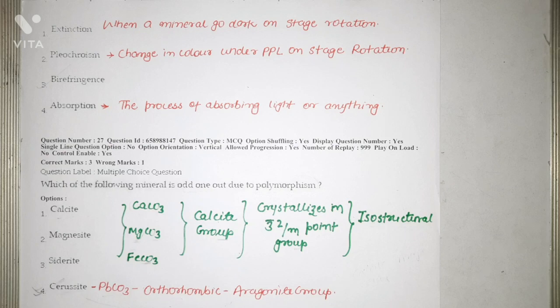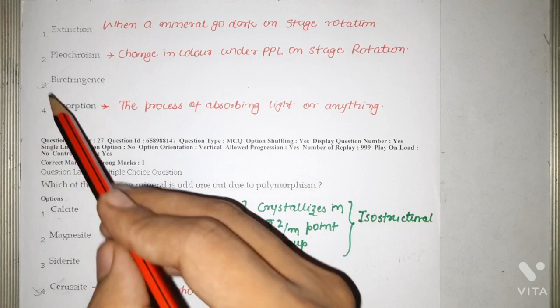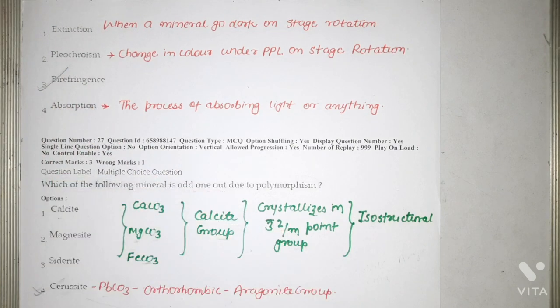And birefringence, I have told you, is obtained by the difference of maximum and minimum refractive indices. Absorption is the process of absorbing light or anything which is under observation. Okay, so the correct answer of this question is birefringence, which is the difference between maximum and minimum refractive indices.